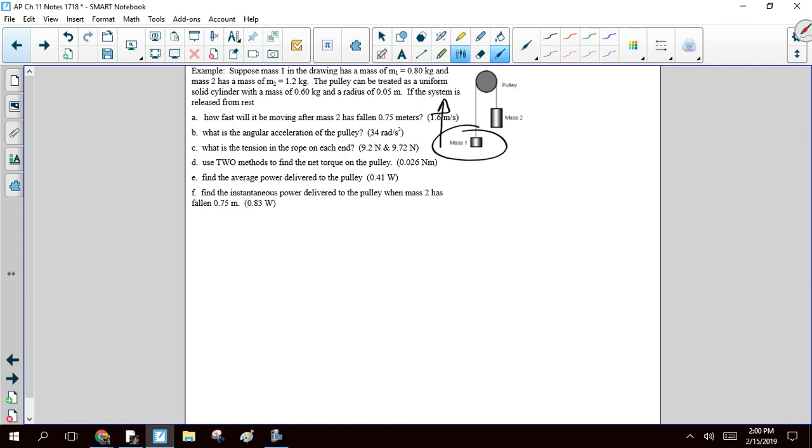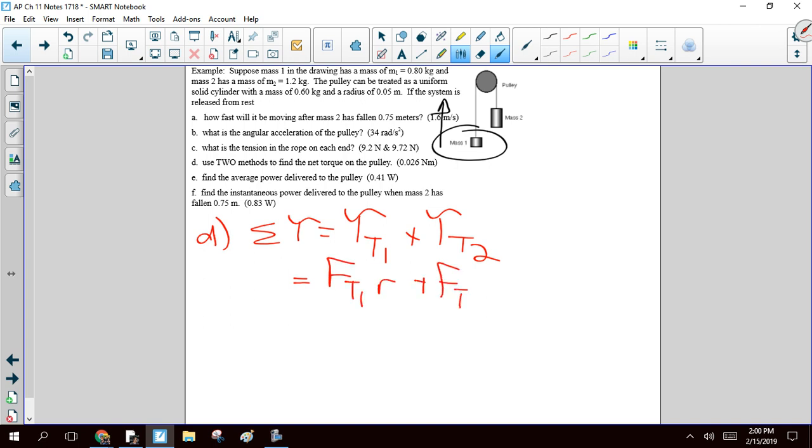Option number 1, net torque. Well, net torque is the total of the torques. So that's the torque from tension 1 plus the torque from tension 2. Well, torque is force times distance. So take the force of tension 1 times your radius plus the force of tension 2 times the radius, and then just understand that one of them's got to be negative, right?